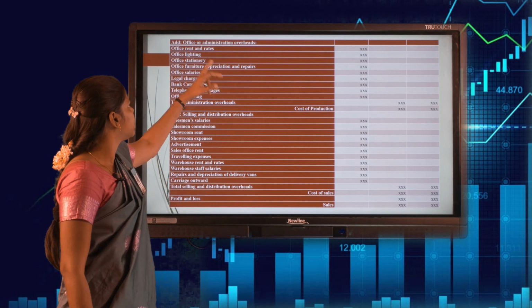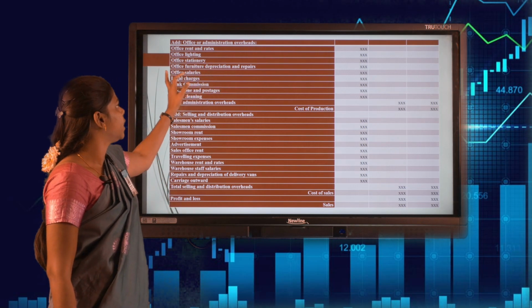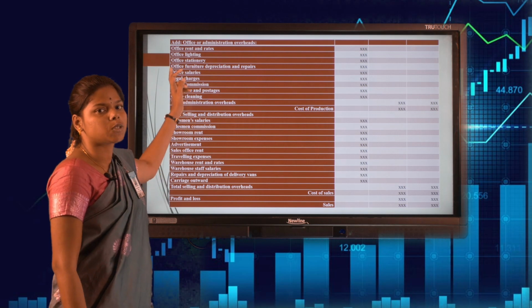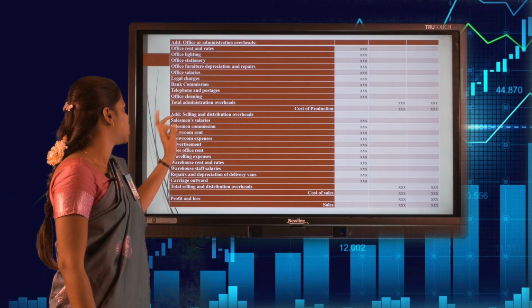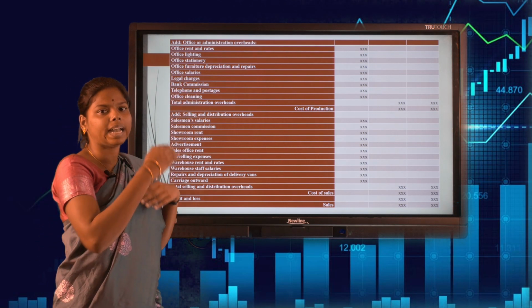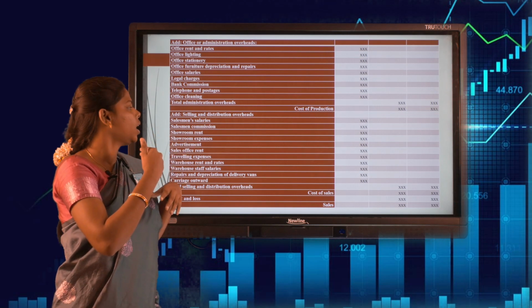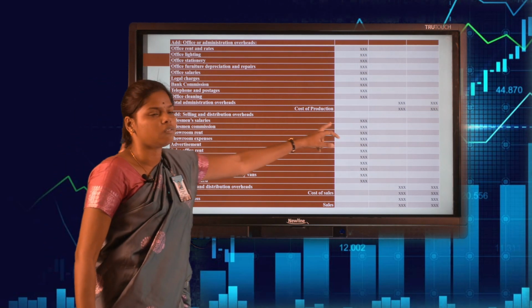For example, office rent and rates, office lighting, office stationery. If you add these expenses to the works cost, you will get the cost of production.